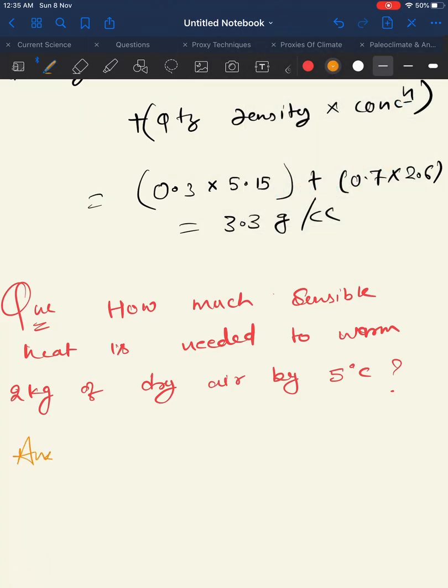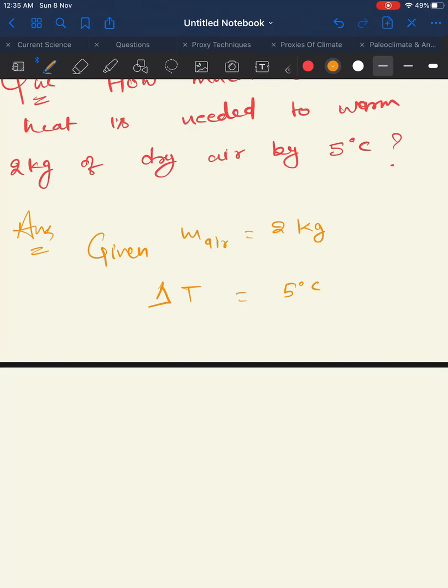Answer. Given is m air, the mass of air, which is 2 kg. Delta T is 5 degrees Celsius. Now this CPD for dry air: CP is the specific heat at constant pressure.